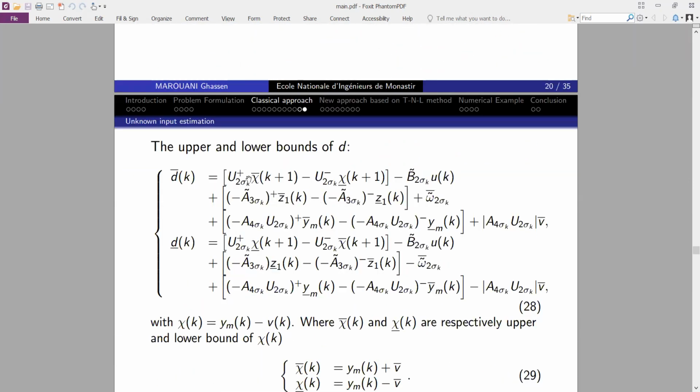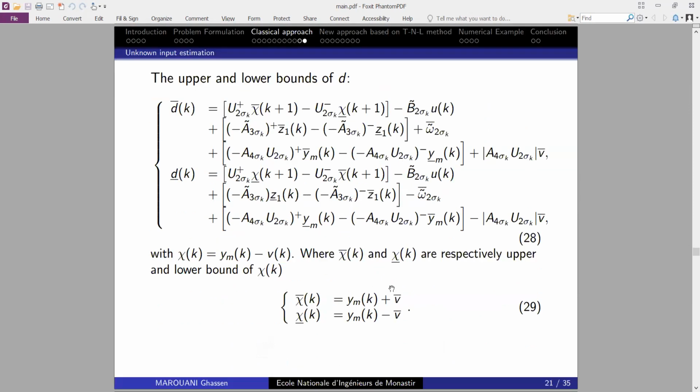And now the upper bound and the lower bound of the input vector D are given as explained in this equation. We introduce the variable xi, which is minus VQ, where the upper bound and lower bound of xi q are respectively given by this equation.